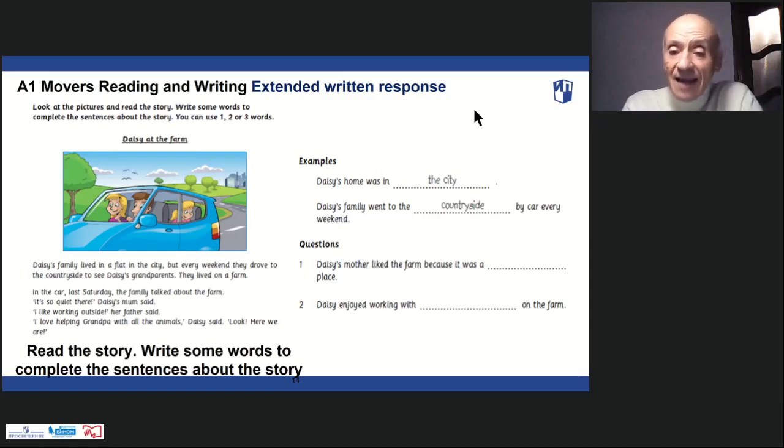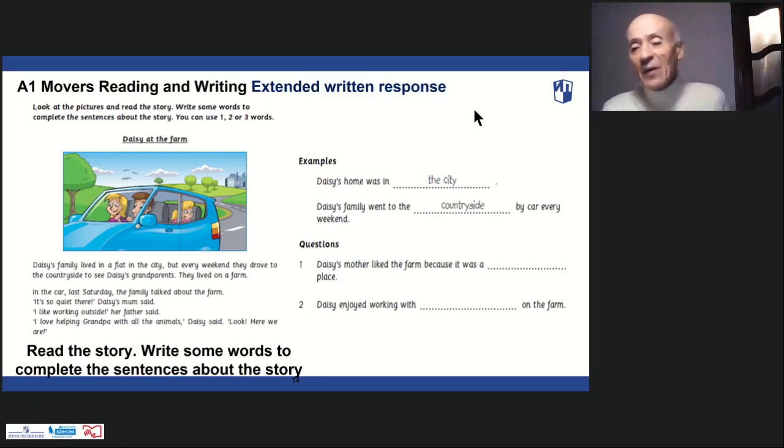Another question: Daisy's mother liked the farm because it was a what sort of place? It was a quiet place. And Daisy enjoyed working with what? What did Daisy enjoy working with?